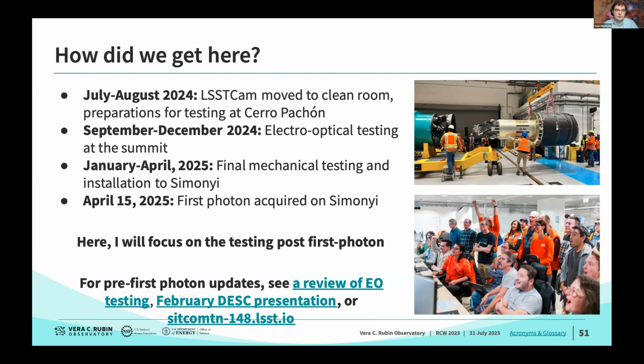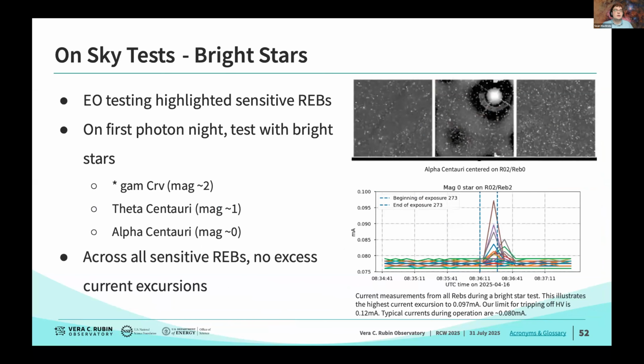We then spent another 3 months performing mechanical tests on level 3, as Marina previously described, before acquiring first photon on April 15th of this year. Now, there's lots of discussion related to these tests before, and I've linked them in this presentation, but I'm just going to focus on the testing that has happened since first photon on April 15th. Go to the next slide, if you like.